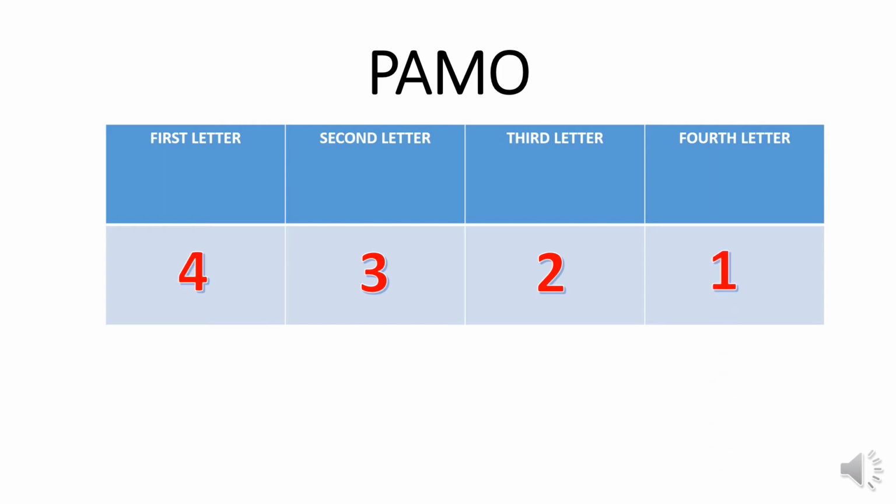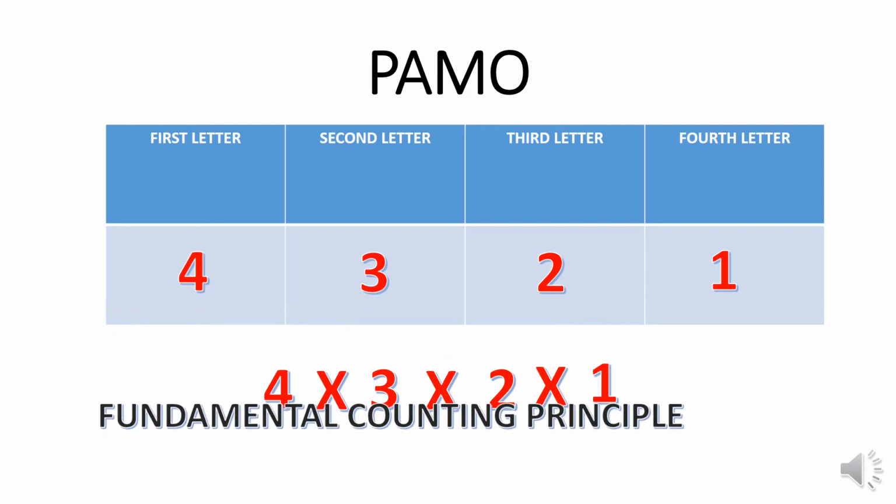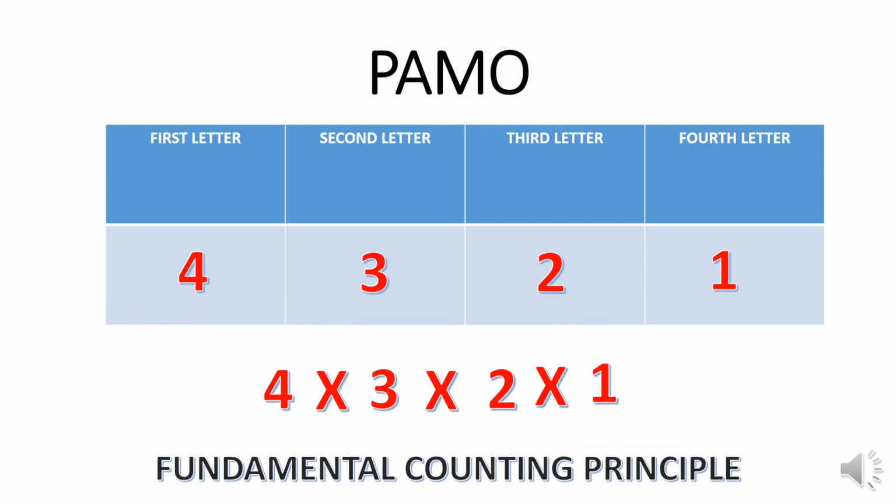So by following the multiplication rule, we will multiply these numbers. So that is 4 times 3 times 2 times 1. This process is what we call the fundamental counting principle. Getting 4 times 3 times 2 times 1, this is the number of permutations in getting the 4 letters.